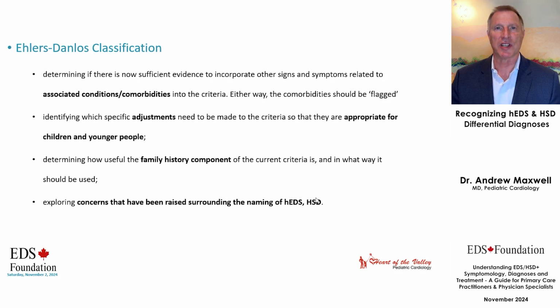So that has always been a bother to a lot of clinicians, and so this will hopefully be addressed in the next version. Finally, exploring concerns that have been raised surrounding the naming of hypermobile Ehlers-Danlos and hypermobility spectrum disorders, and particularly the wide gap between the diagnosis of the two.